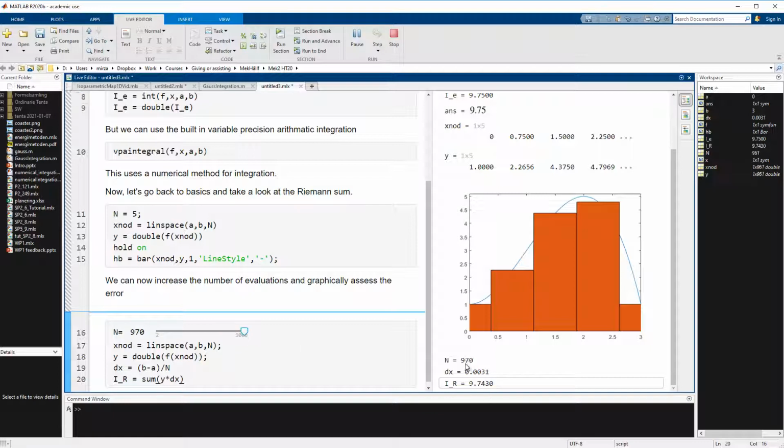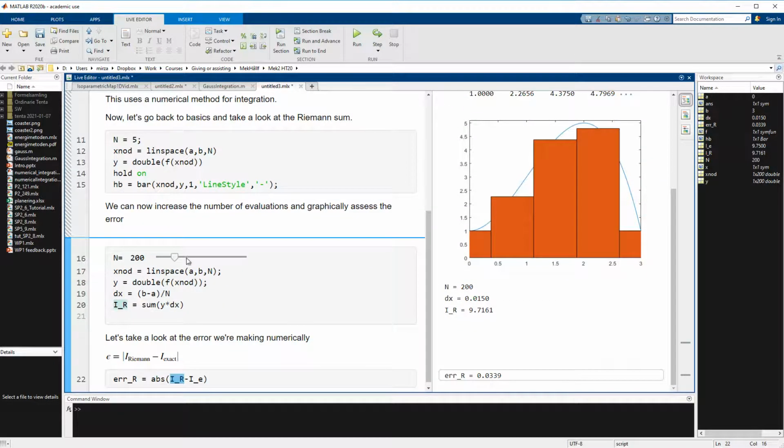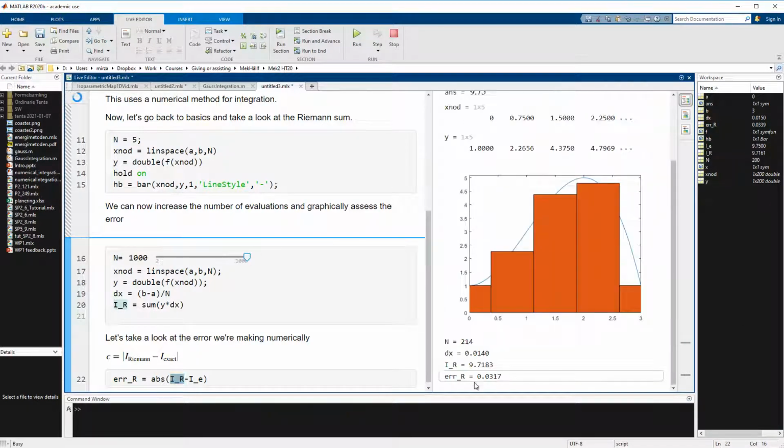I will in fact never reach it discretely like this, but I will get there eventually. And this is very costly. You see here I have 1000 function evaluations, and I'm still very far away. This is my error, the absolute error, which is quite high for 200 evaluations here. Even for 1000, I'm getting a pretty large number.